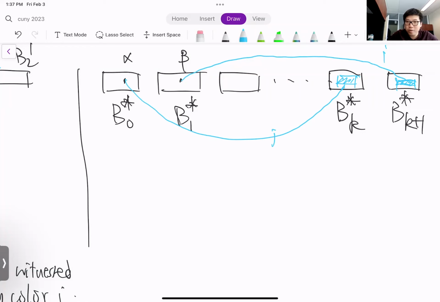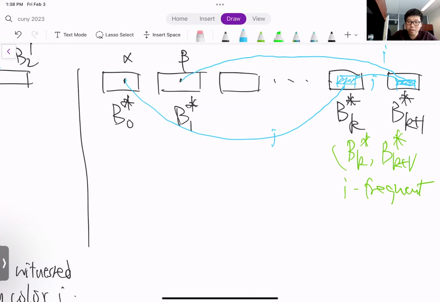But finally we know that this pair, Bk star and Bk plus 1 star, is I frequent. So in the end, you're able to find from these two positive sets another edge connecting them of color I.